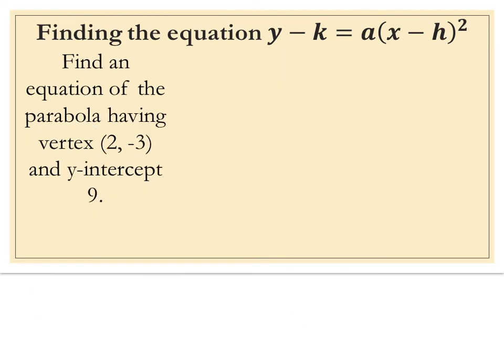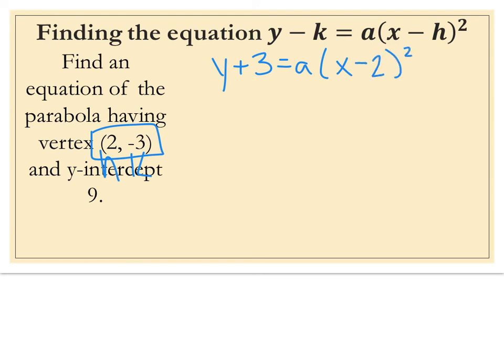One more, just in case, make sure we understand. Again, this is our vertex, so that's what we're plugging in for H and K. So we have y, and it's not going to be -3, it's going to be +3. A is what we're solving for, and then x, it's not going to be a +2, it's going to be a -2 squared.